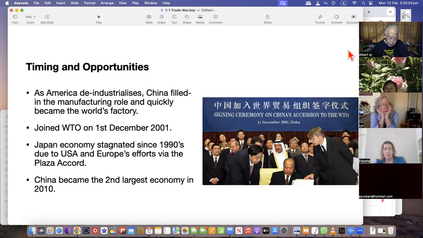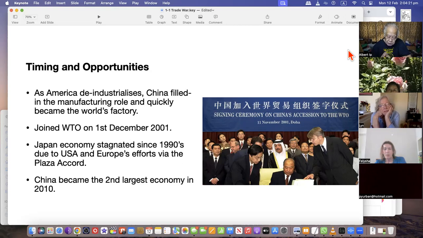Japan became the world's second largest economy around the 1990s, actually the 1980s. At that time, everything was very good, well-made, making a lot of money. But what happened? Then Japan entered into stagnation.